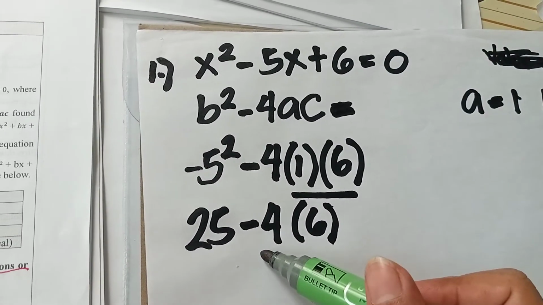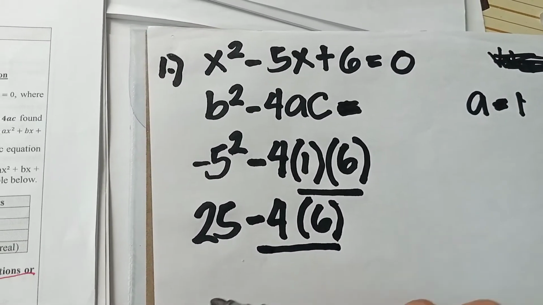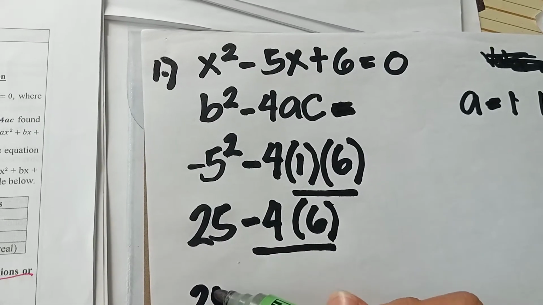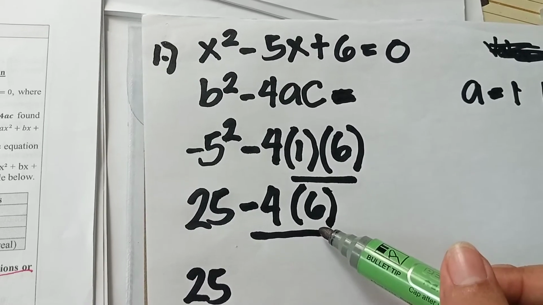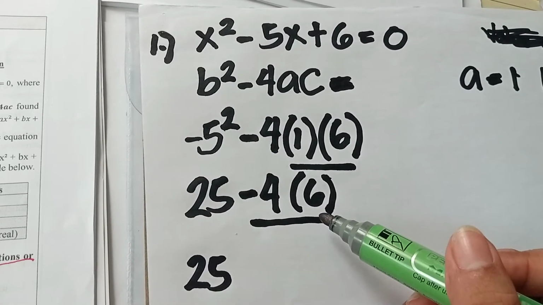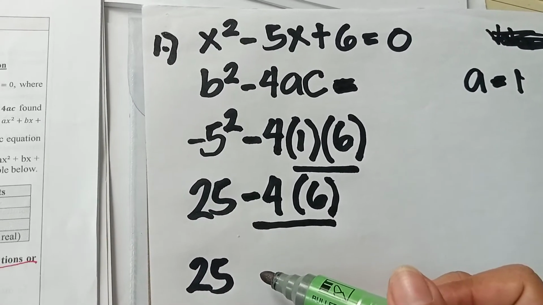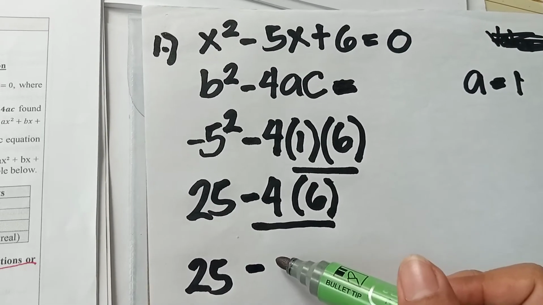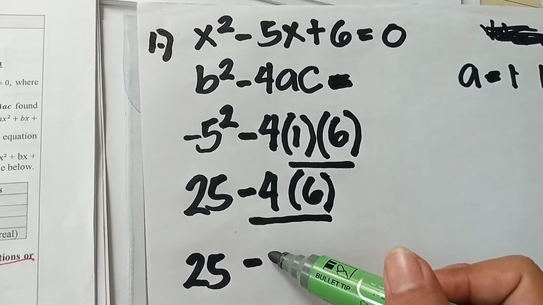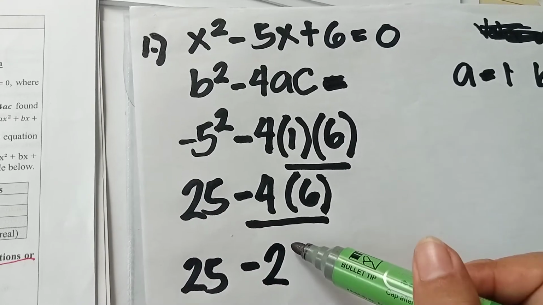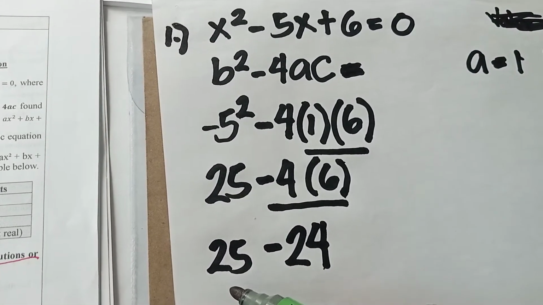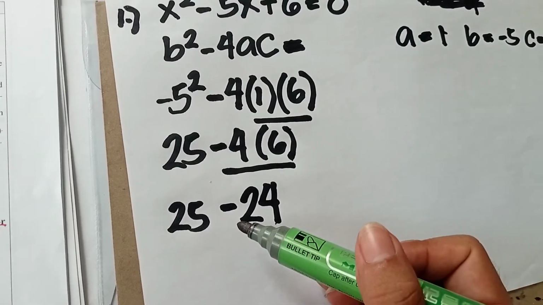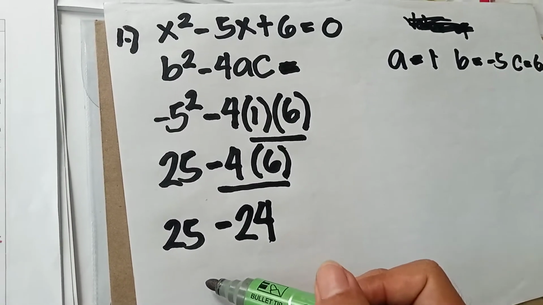Next, multiply sa nato ning duha. So copy 25. Then negative 4 times 6 is equal to 24. Then the sign is negative, negative 24. Yan. So 25 minus 24 is equal to 1.